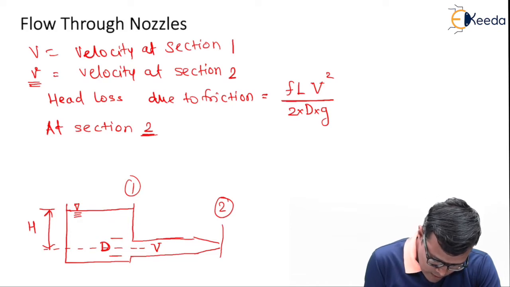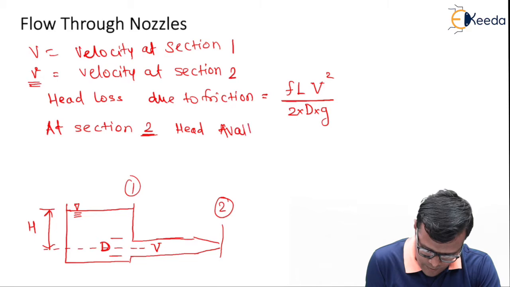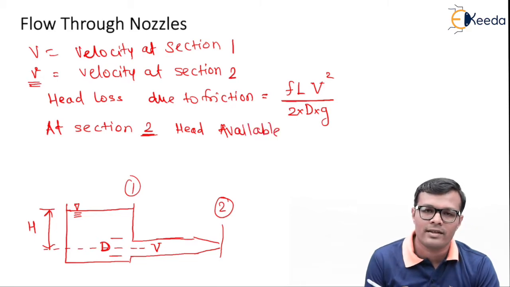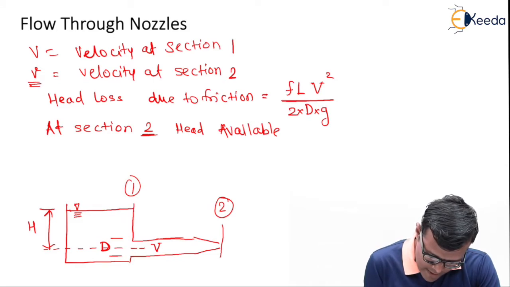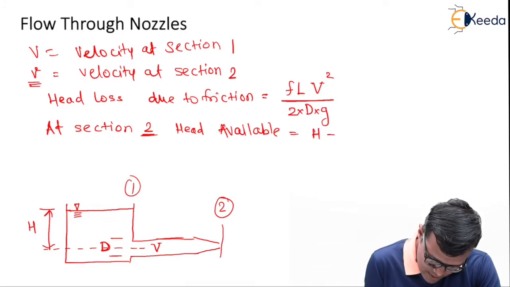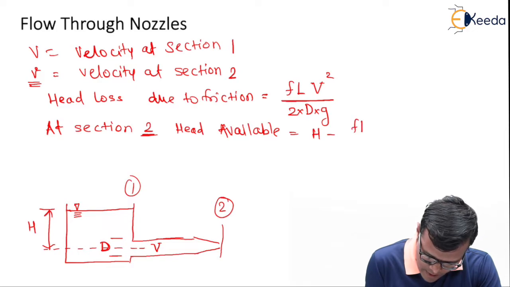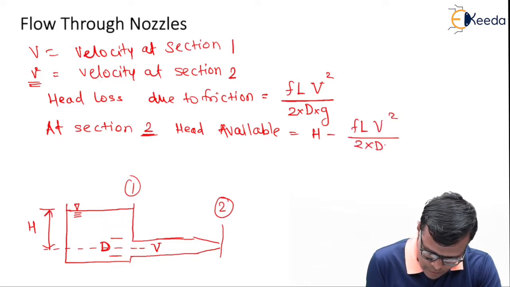So head available, this head available is nothing but the energy available at the section. So head available is capital H minus FL V square upon 2 into D into G.